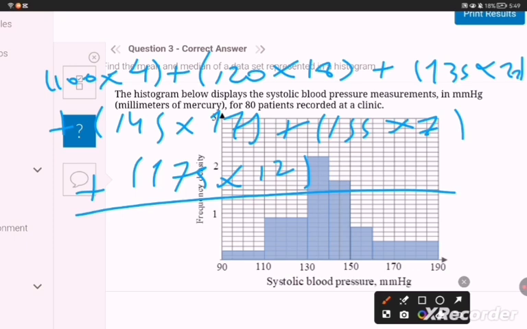Okay, all of that over 80 because the total frequency is 80.